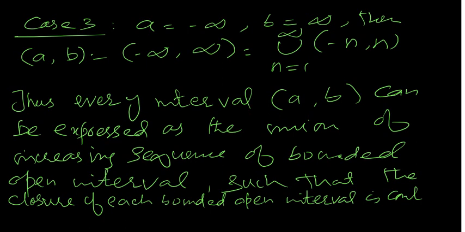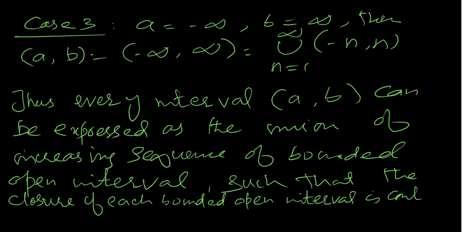So let's first define the left hand and the right hand limit at any point of the bounded open interval. This (a, b) is now a bounded open interval.